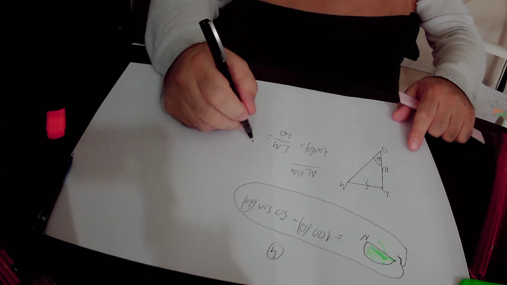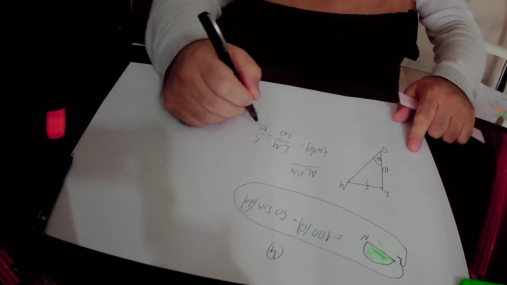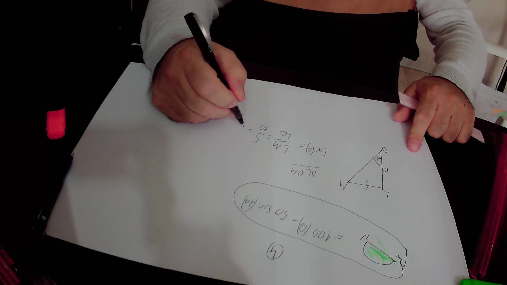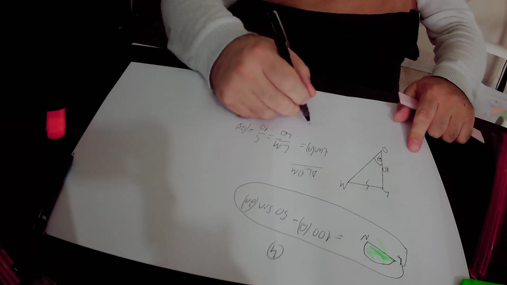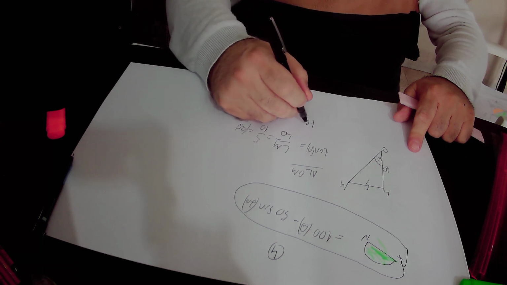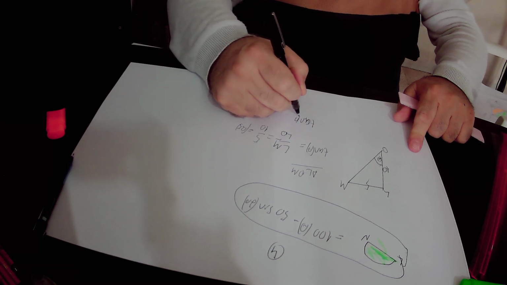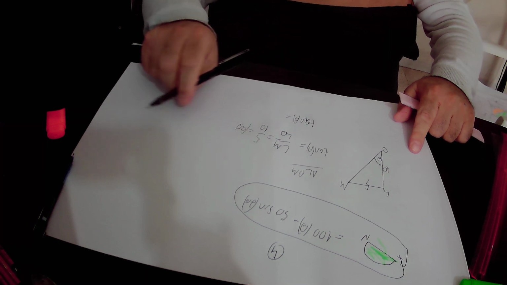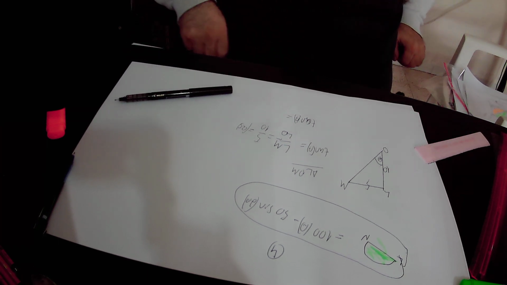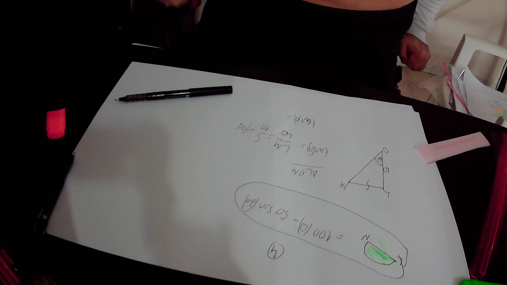And LM equals to 5 and LO equals to 10, so 5 over 10 is 1 half, that is 0.5. So in conclusion, we found out the tangent theta equals to 0.5.